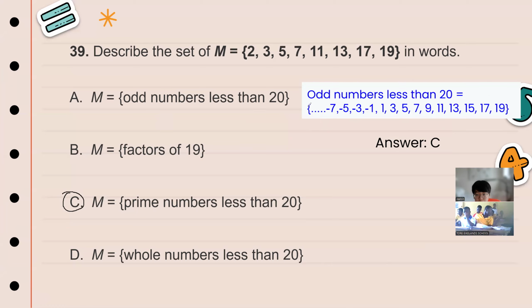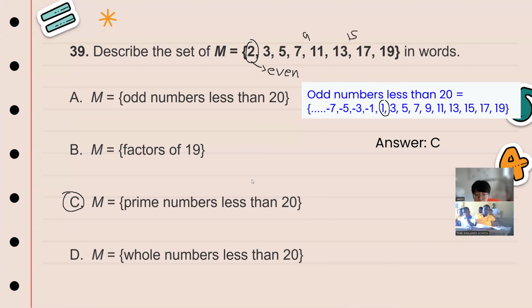So we're missing 1, of course. 1 is an odd number, and set M doesn't have it. 2 is an even number, right? 2 is not an odd number. And we're also missing terms like 9 and 15, so it's not going to be A.